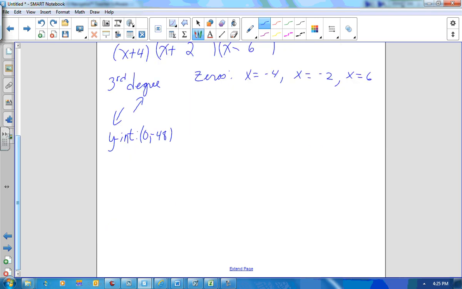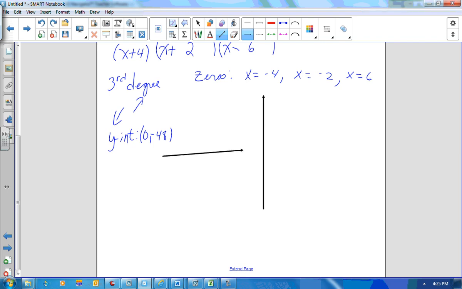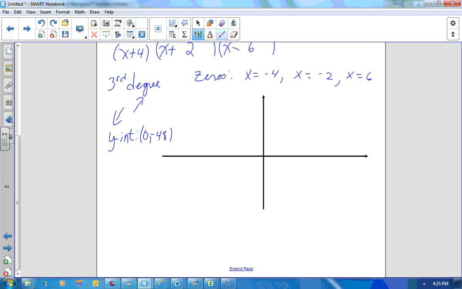So in our next lesson, we'll do some of higher multiplicity. All right, so let me get a graph. And let's sketch this. Again, I'm just making sure I have the zeros, the y-intercept, and the correct end behavior. So I've got a 0 at -2. I've got a 0 at -4. And a 0 at +6.